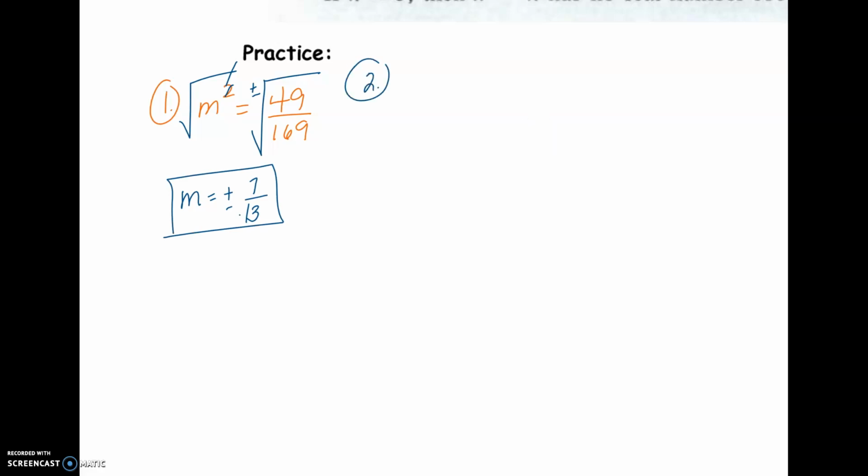And the next one, we have 15x squared equals 120. First, we have to isolate the x squared by dividing by 15. And when we do that, we get x squared equals, how many times does 15 go into 120? It goes in 8 times. Okay, so now we're going to get x by itself by taking the square root.